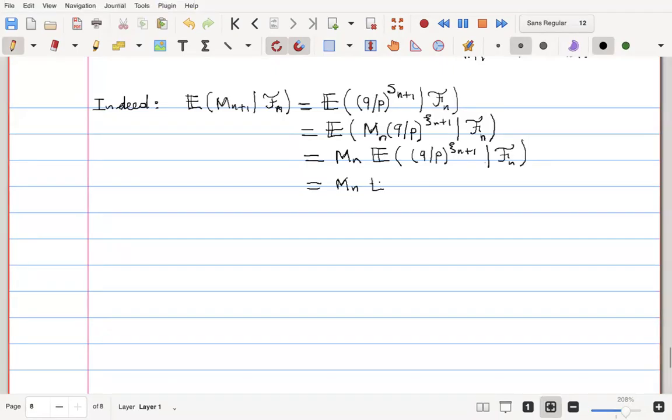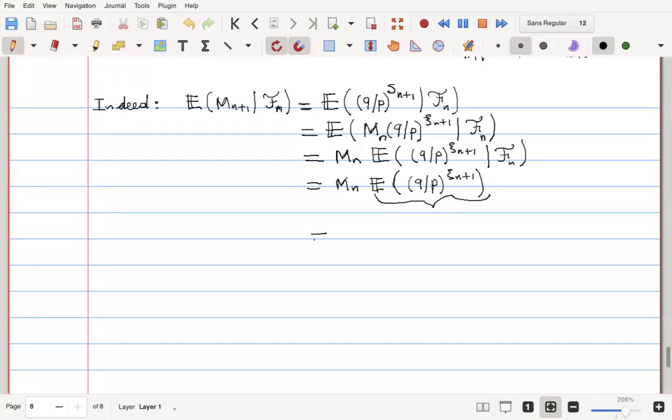So this is the expectation of q by p to the psi n plus 1. This is a random variable, so we know the values taken by psi n plus 1, which are only two values, -1 and 1, and we know the corresponding probability, so we can write the actual expression of this.